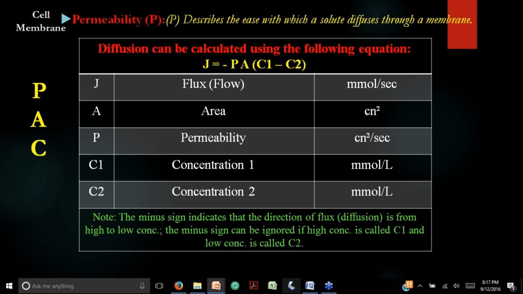So in conclusion, we have here the J. J is the flux, or flow, and that is directly proportional to permeability, the area of exchange, and the concentration difference. So we will find more diffusion when we have more permeability, or more area of absorption, or a larger concentration differential between substances. Those three components are going to determine the flow of the diffusion.